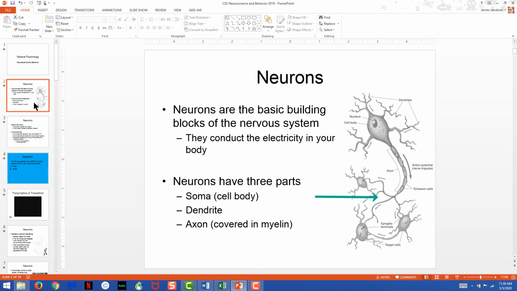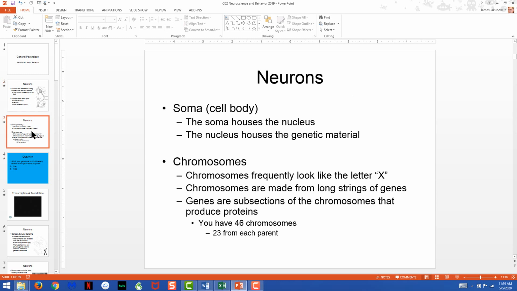So the cell itself is essentially one large tube with branches on one side and branches on the other side. If you find the section of the cell that is swollen, that is always the soma. And the soma is the place where your genetic material is always held inside the nucleus, as you can see here in this image. Inside the nucleus is the location where all your chromosomes are.